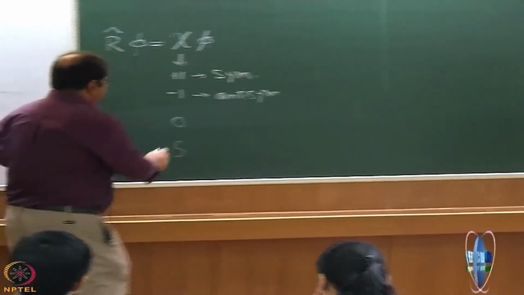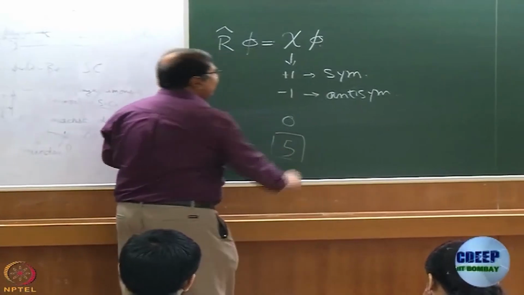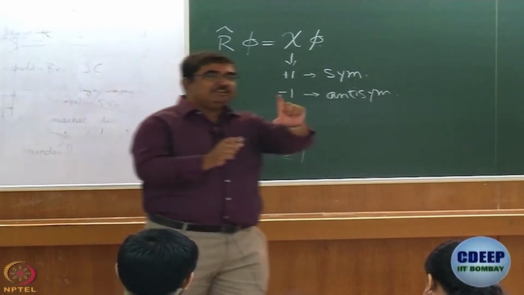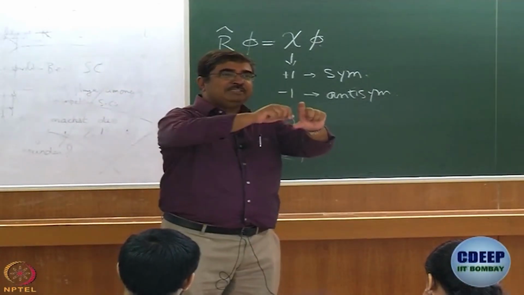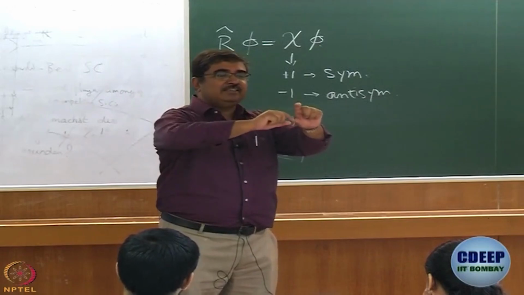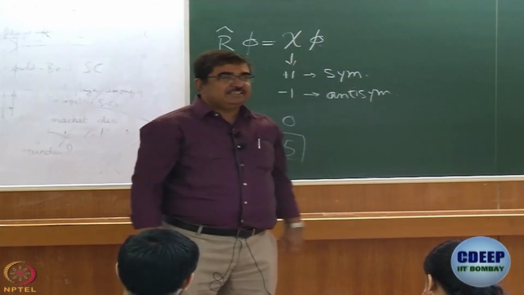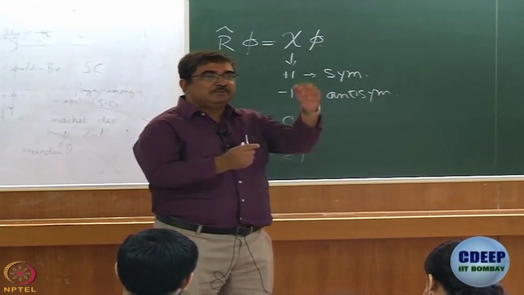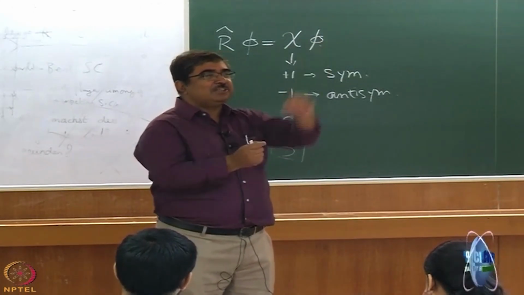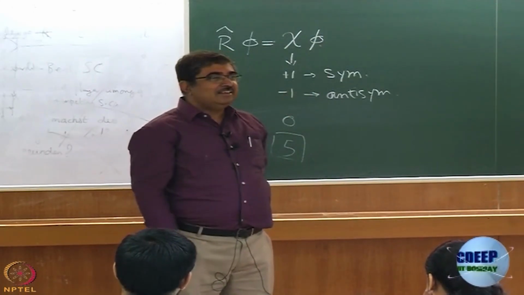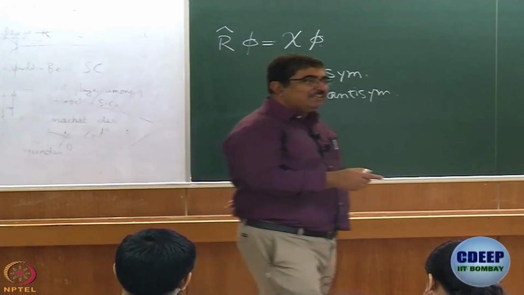Similarly, if the character is 5, then what does it mean? You have some function, some vector like this, you perform a symmetry operation, the direction does not change, the vector becomes 5 times longer. What is that called? What is this phenomenon, something becoming longer or shorter? Yeah. So, I have a word for it.